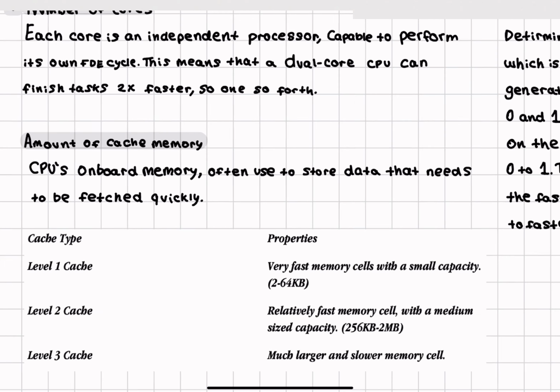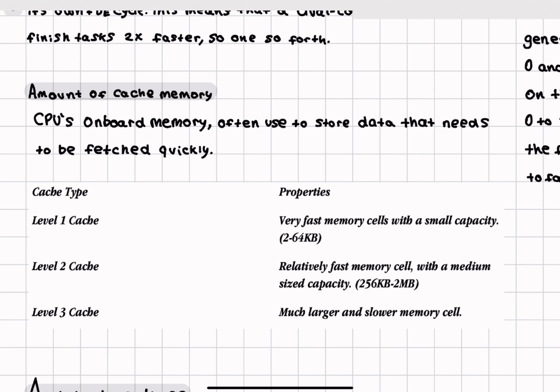You also have the amount of cache memory. That's the onboard CPU memory, often used to store temporary data like the accumulator. And there are different types of cache levels. Inside the CPU, there can be level 1, level 2, or level 3 cache, and their properties are completely different.